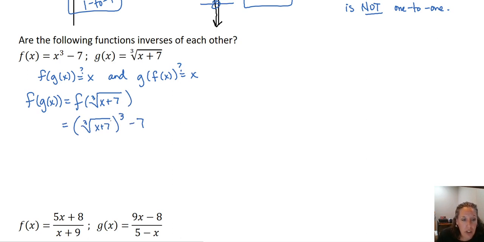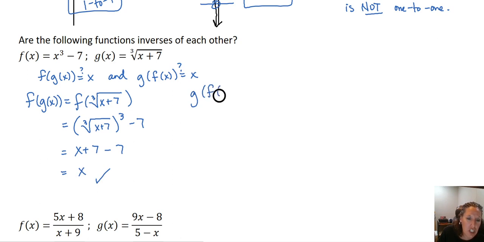Our cube root is over our entire x plus 7, so that cube root and the cubic function are inverse operations that will undo each other, and we'll be left with what's inside the radical, and then we still have our minus 7 on the end. Combining like terms, x plus 7 minus 7 becomes just x, so that side works out.